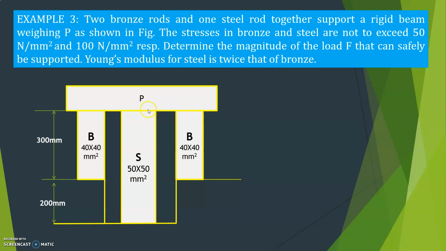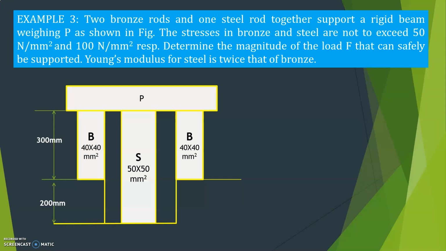Okay, so here this is a little different type of example. Here you have to find the load. The stresses are given, but one clause is there here. The stresses in the bronze and steel are not to exceed 50 Newton per millimeter square and 100 Newton per millimeter square. So you have to calculate the stresses and check whether the stresses are below these values, right?